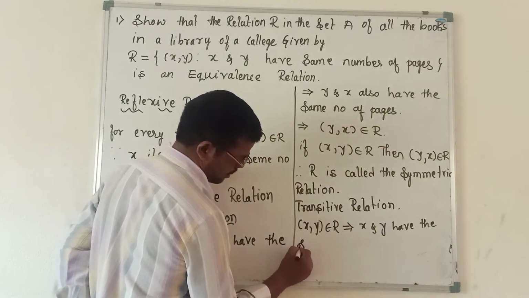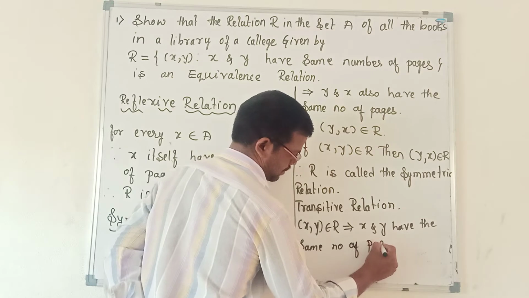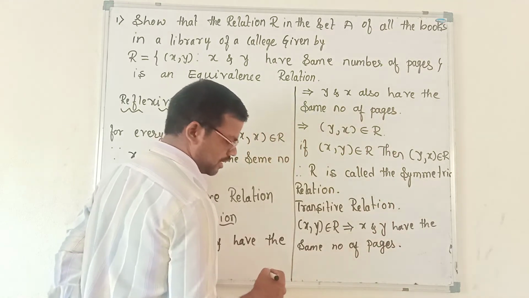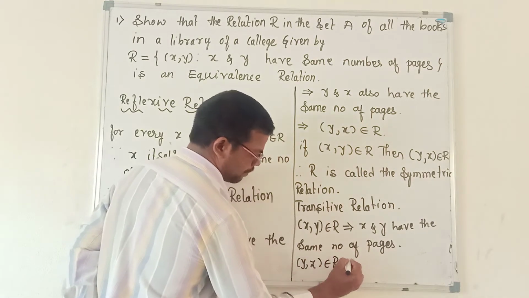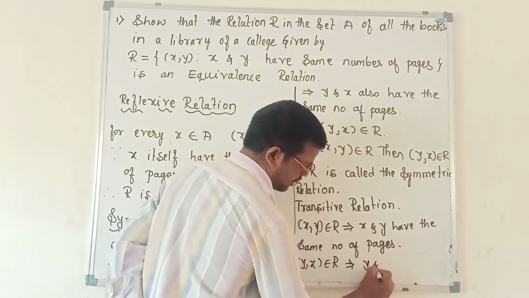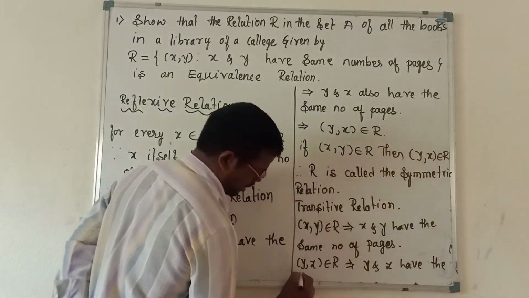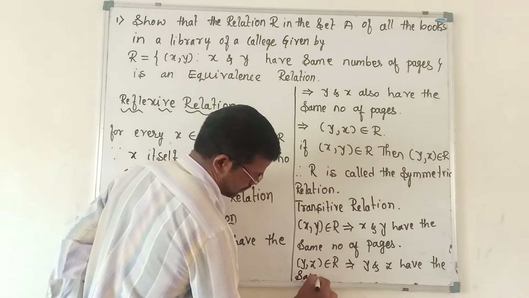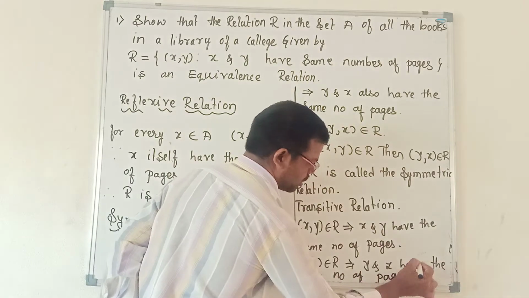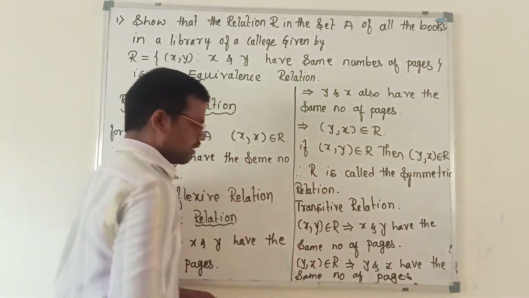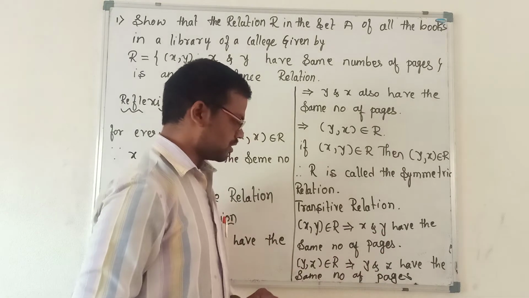And we need another, (y, z) belongs to R. It implies that y and z have the same number of pages.